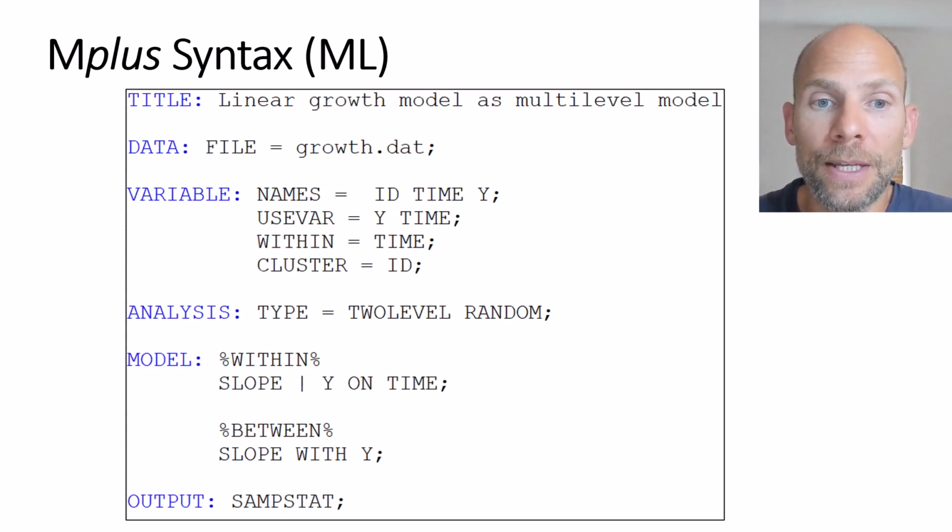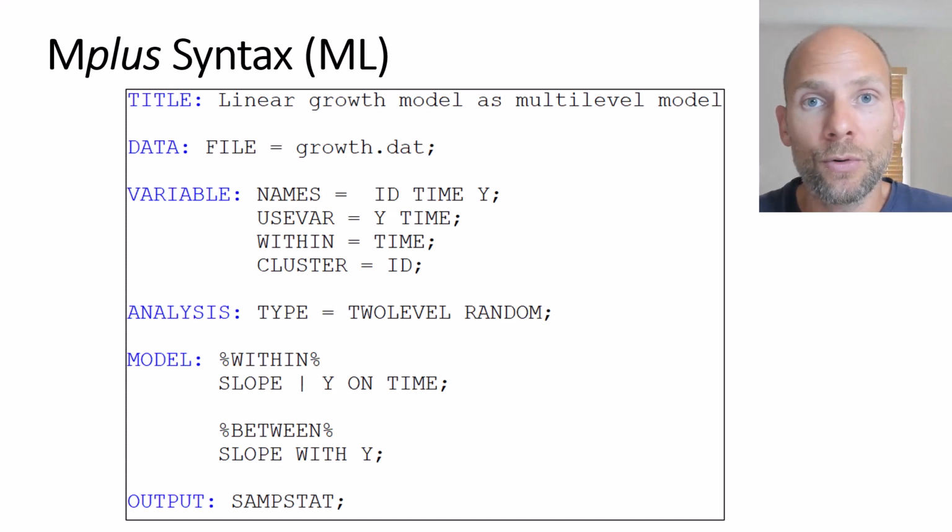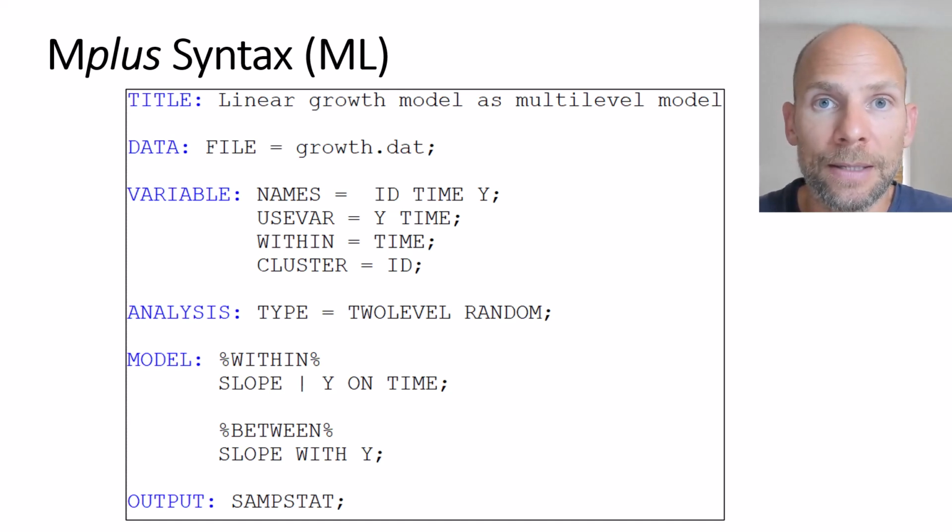And then also we need a within command here to specify which variable acts as a level 1 predictor, in this case our time variable. And then we also need a cluster variable specification to allow Mplus to figure out how our 2-level structure is defined, or based on which variable we define level 1 versus level 2.